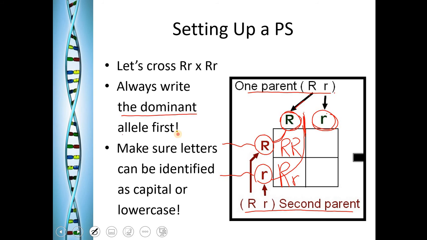We always write the dominant letter first. If this egg and this sperm came together, the offspring gets one dominant and one recessive allele. And if this egg and this sperm come together, the offspring gets two recessive alleles.